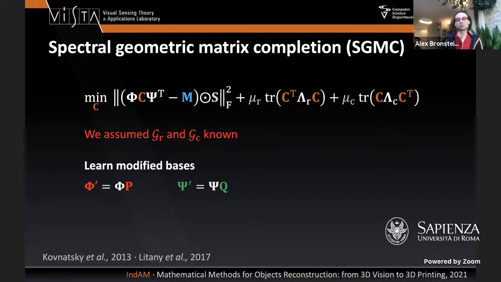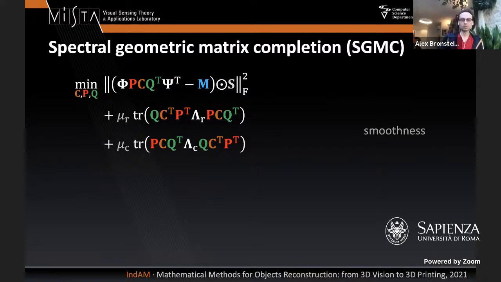And the orthogonal transform is parameterized by two matrices P and Q. Okay, so in this formulation, I can now write the problem with respect to C, my original matrix, but now I'm also allowing to learn the two bases, two transforms of the original basis, P and Q. Okay, this is how the data term and the smoothness terms appear now.